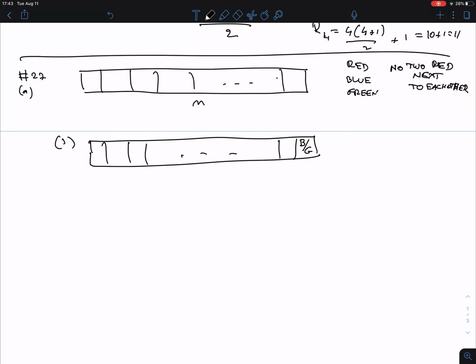If this previous tile was red, the only thing I cannot do is put a red here, but I can put blue and green there. So whenever I put blue or green at the end, I still have a valid pavement. Okay? So how many is this here? This part here, of course, is n minus 1, right?